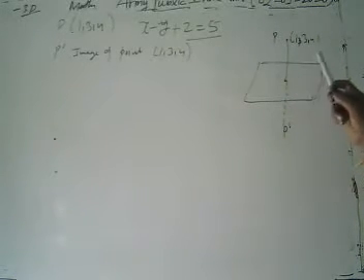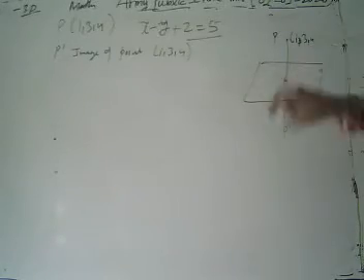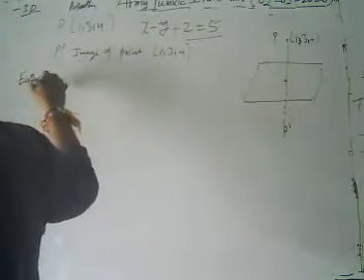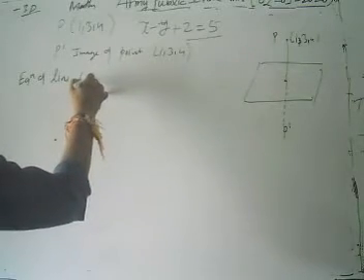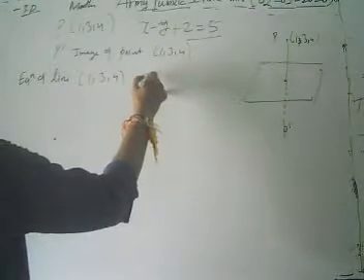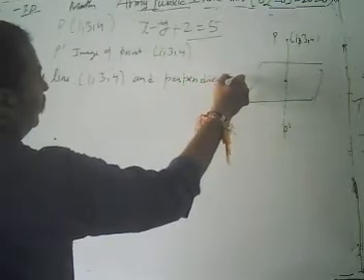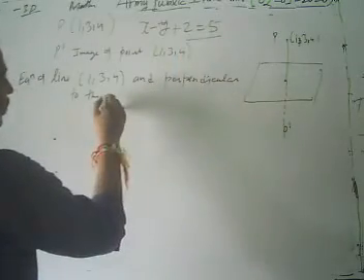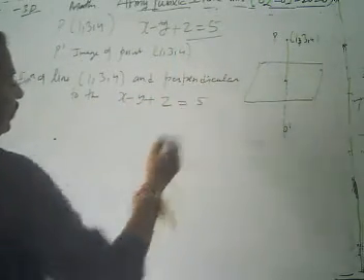Then first of all, we are going to find the equation of the line which passes through (1, 3, 4) and is perpendicular to the plane x minus y plus z equal to 5.